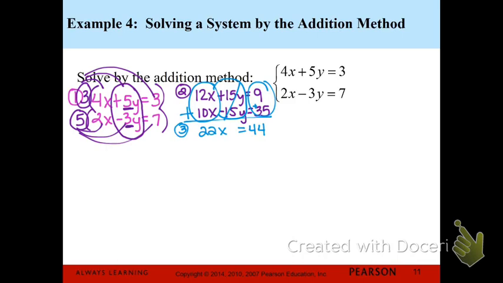And then I believe it's step 4, which says what? Yeah, step 4 says solve the equation in one variable. So solve that equation. How? Divide by 22, and we get x equals 2.